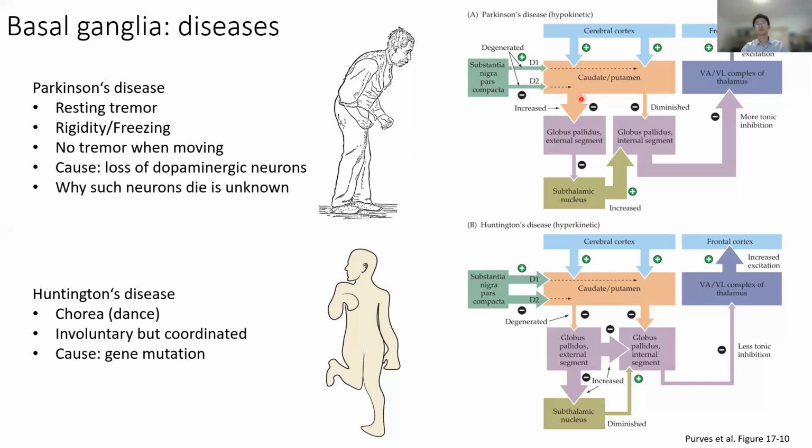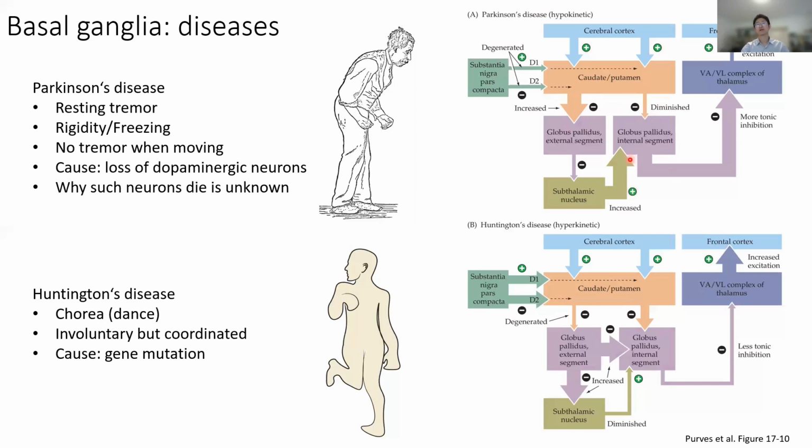So this will cause imbalance. For example, this D2 is more sensitive to the decrease of dopamine. So this arrow, this inhibition, will become stronger. And this arrow, which is the direct pathway through D1, becomes weaker. And this will cause imbalance in the final output.